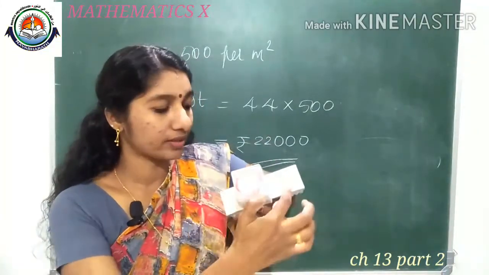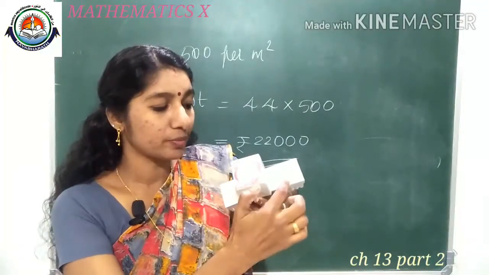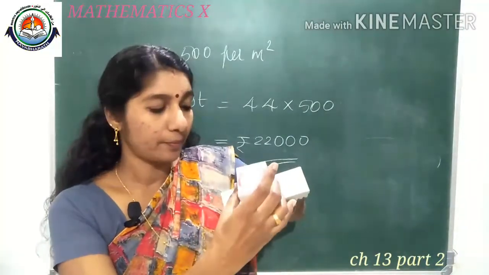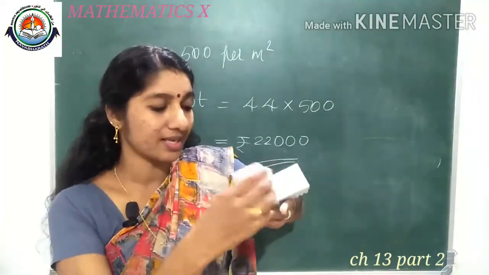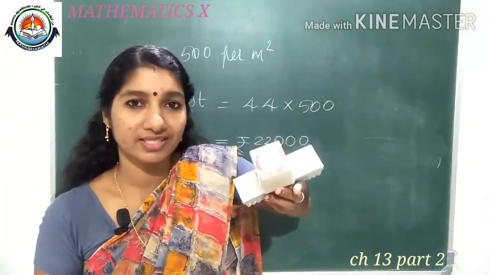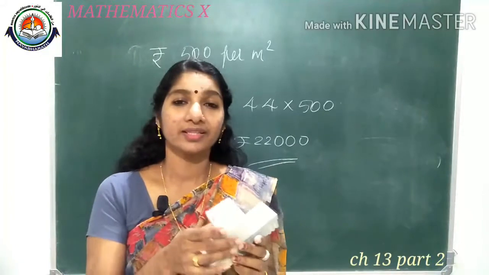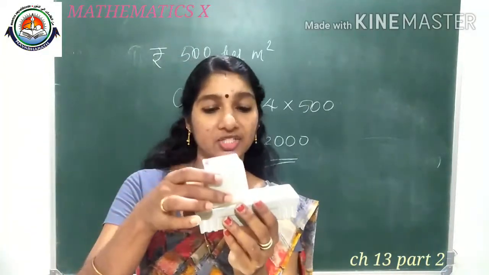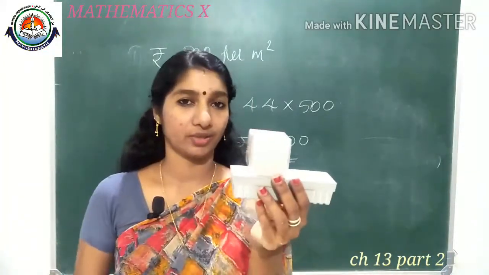How can we find this surface? L into B, total surface area. Then from that we need to remove A square, then only we will get this white portion's surface area. But for volume, there is no change when we are joining together.